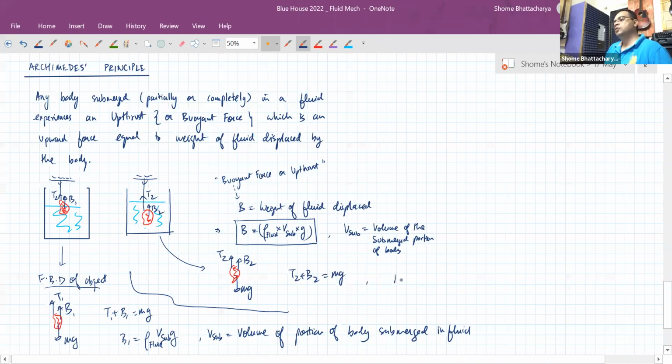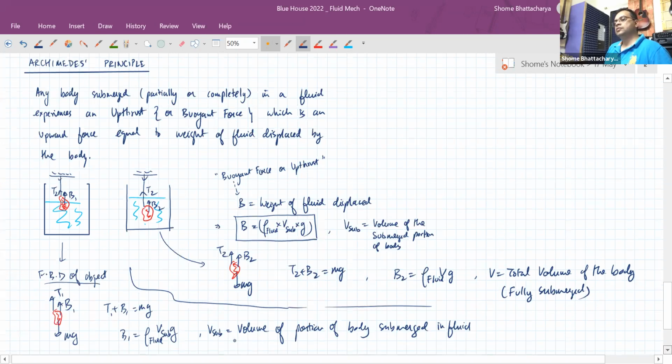It is the complete volume. So in this case, it is density of fluid into V into g, where V is the total volume of the body because it is completely submerged. So this is what happens in the fully submerged case. Whereas this is what happens in the partially submerged case. Part of it is submerged.